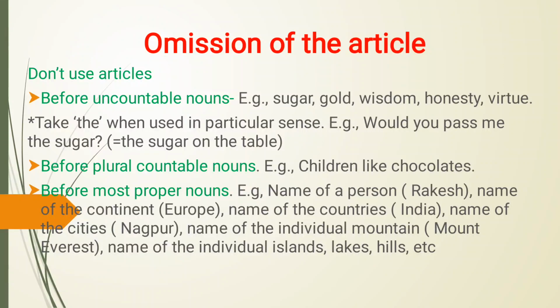Then don't use articles before most proper nouns. So whenever we talk about any person, any continent, name of the countries, name of the cities, name of individual mountains, individual islands, lakes, hills, etc., we avoid using articles.